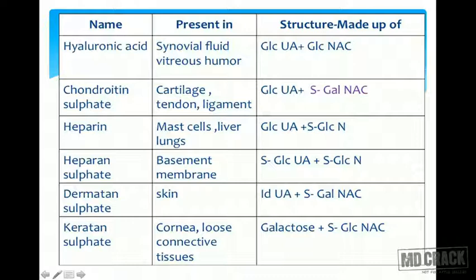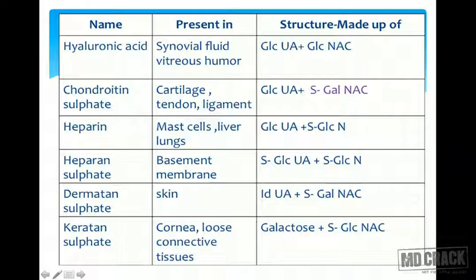Hyaluronic acid is made up of glucuronic acid and N-acetyl glucosamine, present in synovial fluid and vitreous humor. Chondroitin sulfate, present in cartilage, tendon and ligaments, is made up of glucuronic acid again, but sulfated N-acetyl galactosamine.